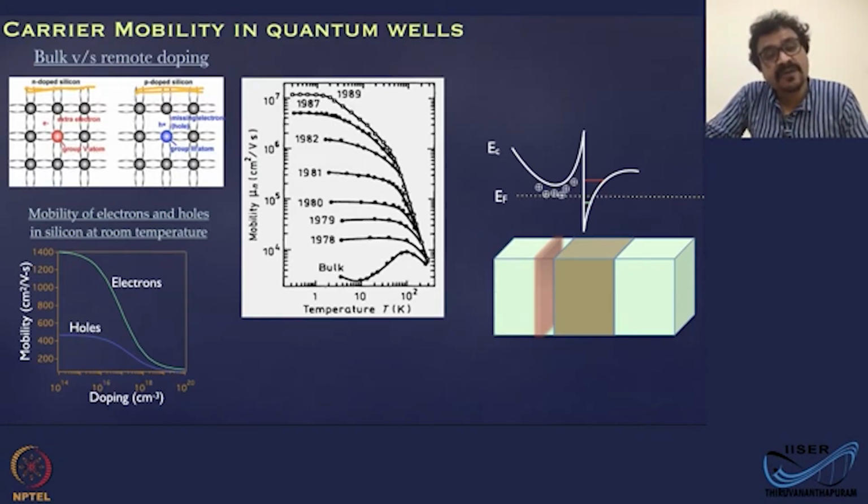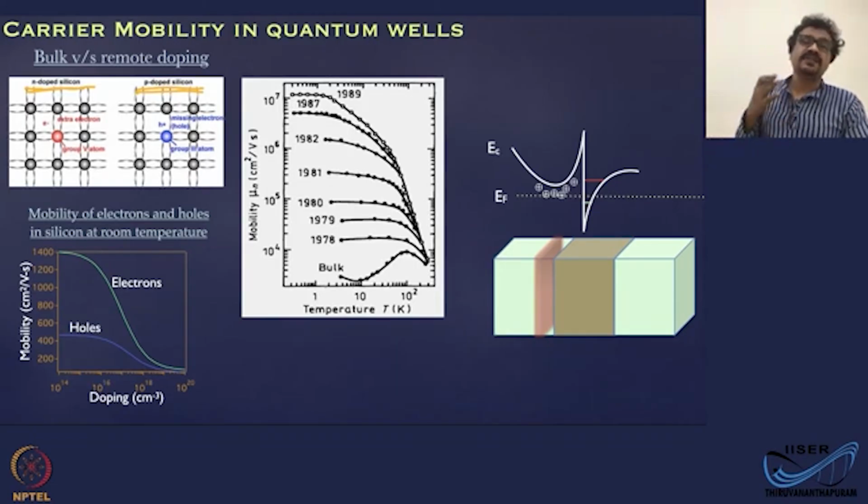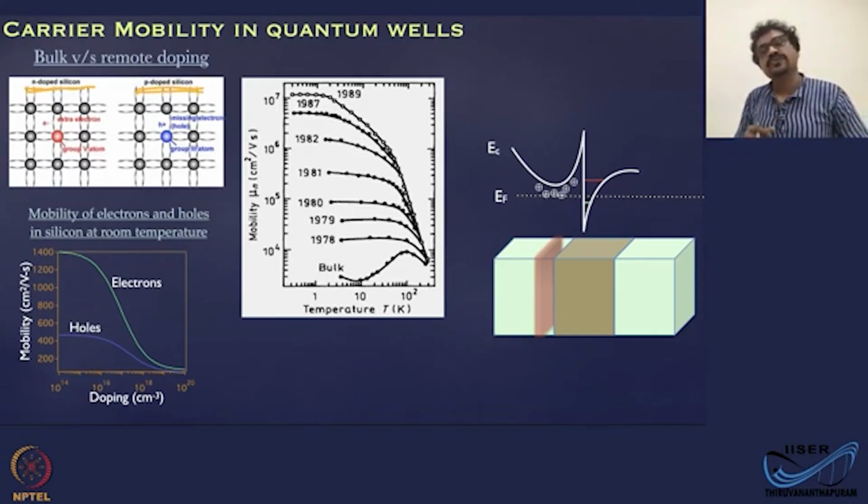But if you have less dopants, you will have less scattering centers, but you have very low conductivity, because conductivity is a function of carrier concentration and also mobility. So depending upon what application you are aiming at, if your eventual aim is to have a really high conducting material, but you are not really worried about the mobility, then you can put more dopants.